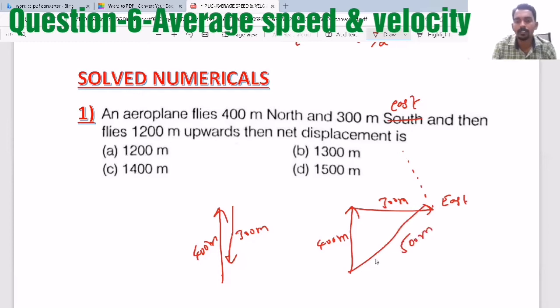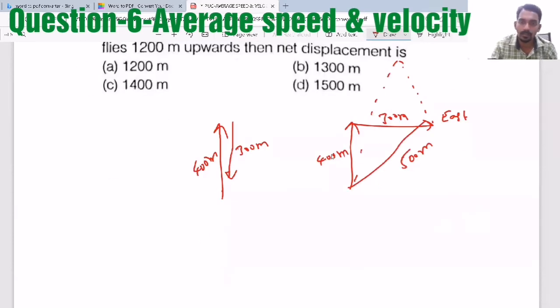Apply Pythagoras theorem. Now, the diagonal we have to find, and this height is how much? 1200 meters, and this base is 500 meters.